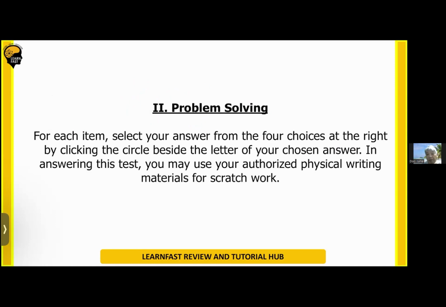It's about problem solving. For each item, select your answer from the 4 choices on the right by clicking the circle beside the letter of your chosen answer. In answering this test, you may use your authorized physical writing material, which is your whiteboard, for your scratch work.